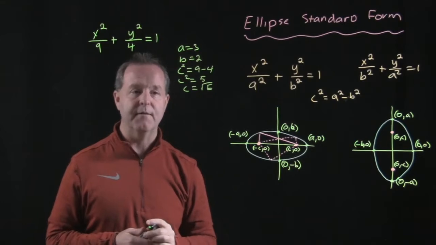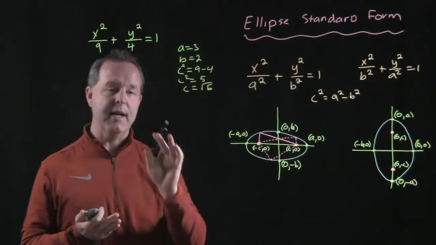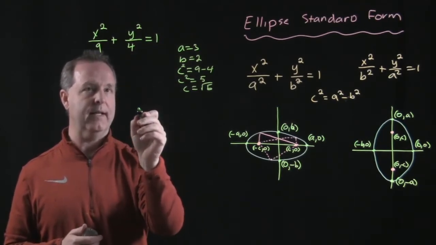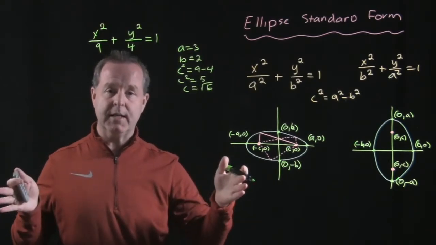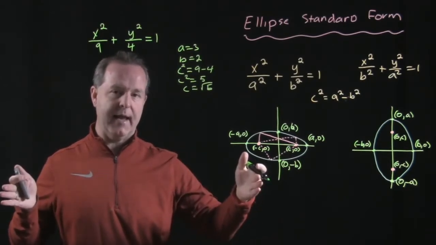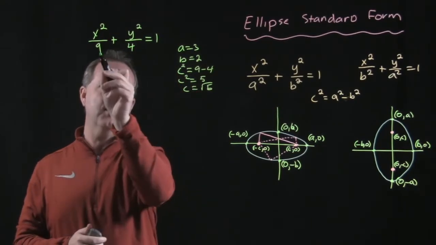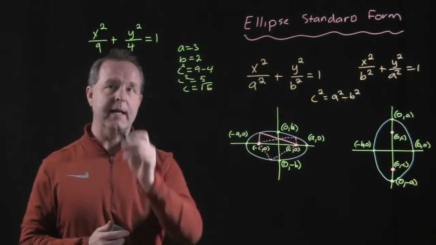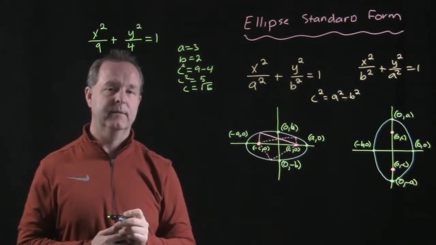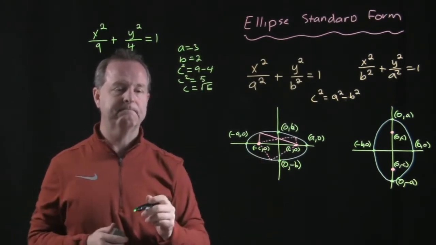So there are all the significant points we need in order to graph this ellipse. Does it elongate along the x-axis, or along the y-axis? Notice that my larger value is along the x-axis, so that means it's a horizontal one.